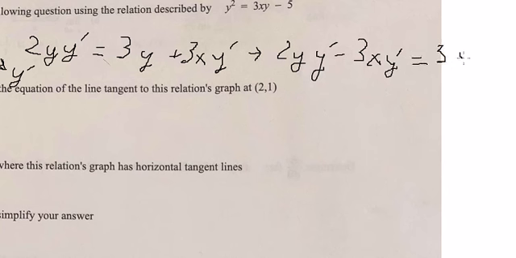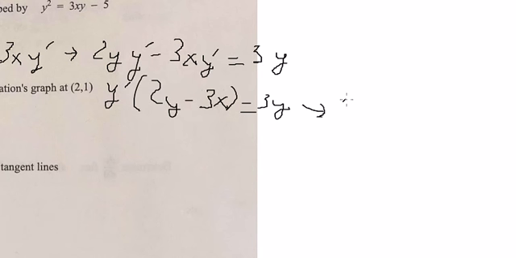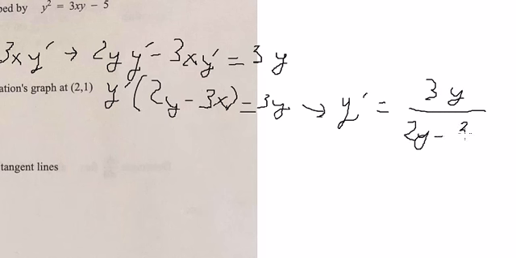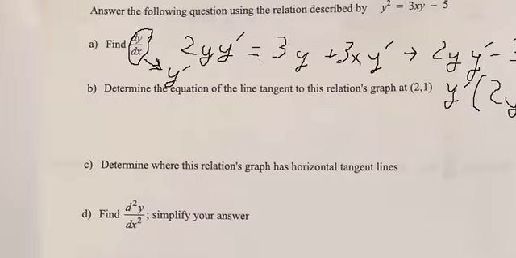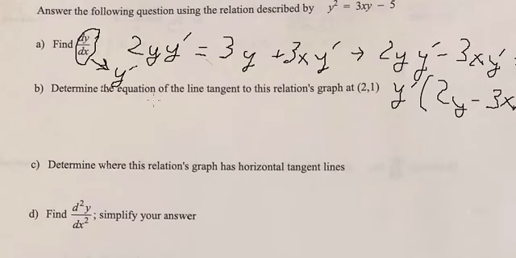equal to 3y. Later we do factorization of the first derivative of y. And we have 3y divided by this one. B. Determine the equation of the line tangent to this relation's graph at 2 and 1.